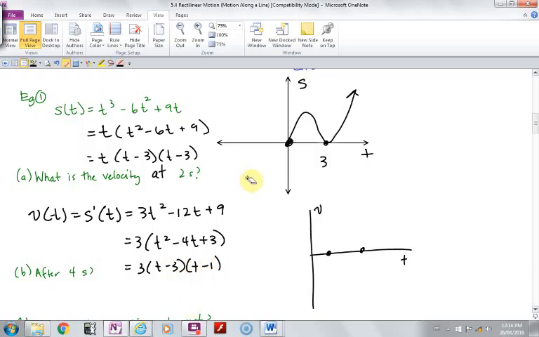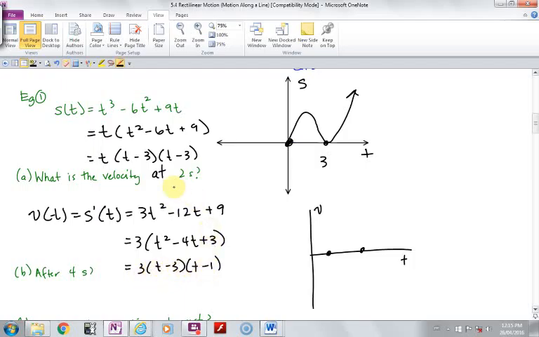So what is the velocity at time 2 seconds? How will we figure that out? Plug 2 in. So I just want to know what's v of 2. If I put 2 in here, 2 minus 3 is negative 1. 2 minus 1 is positive 1. So I have 3 times negative 1 times positive 1.